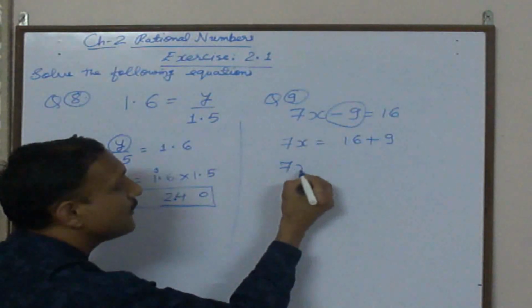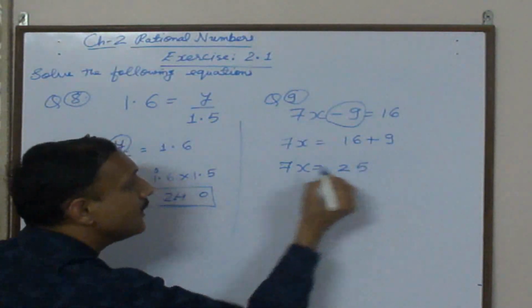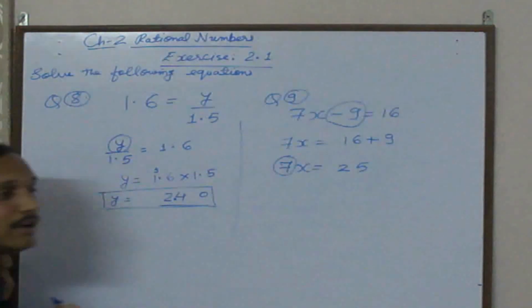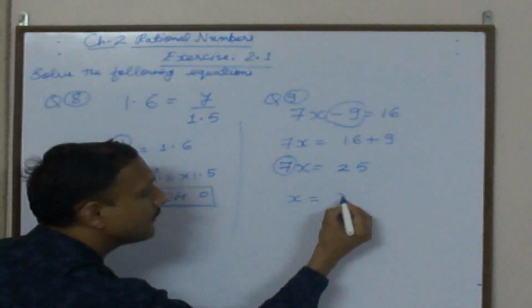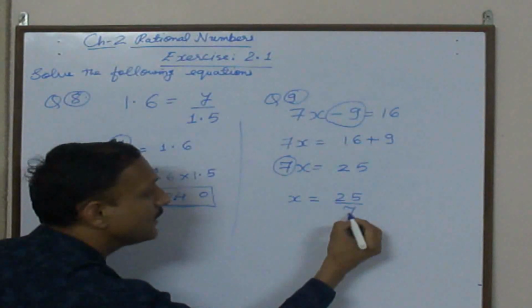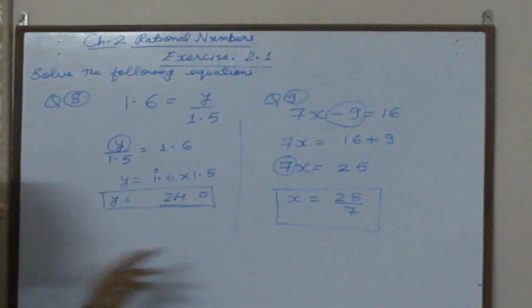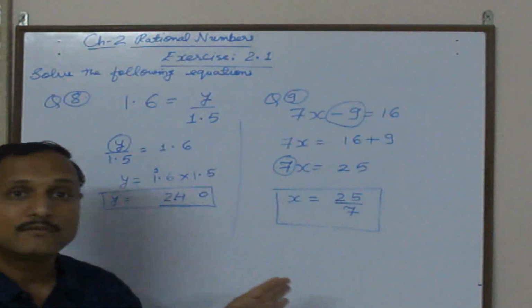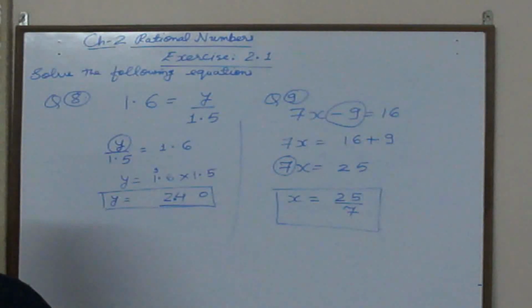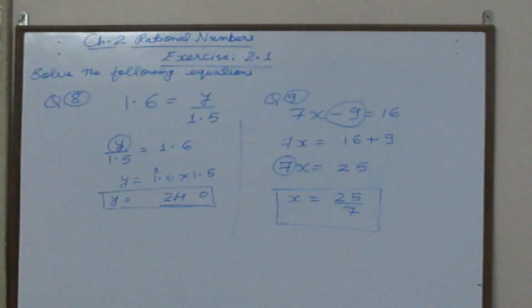Now 7x equals 16 plus 9, 25. Now 7 is in multiplication with the variable, so it will go to the division side. x equals 25 by 7. So this is the solution of the equation. Now we can't solve it further because 25 is not a multiple of 7, or 7 doesn't divide 25. Clear?